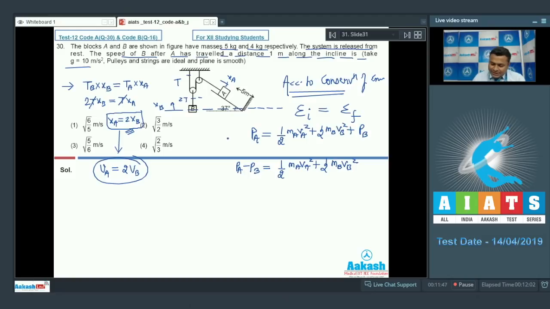Now potential energy of A, that is mass of A, 5, gravity g, multiplied by h, height above. See, sine 37 is the angle, so sine 37 is actually 3 by 5. If this is 1 meter, then this will be 1 cos 37 and this will be 1 sine 37.